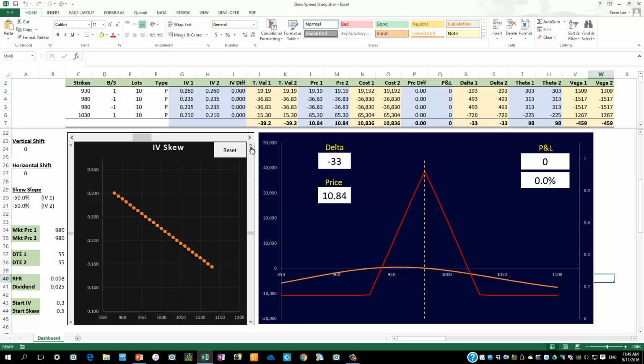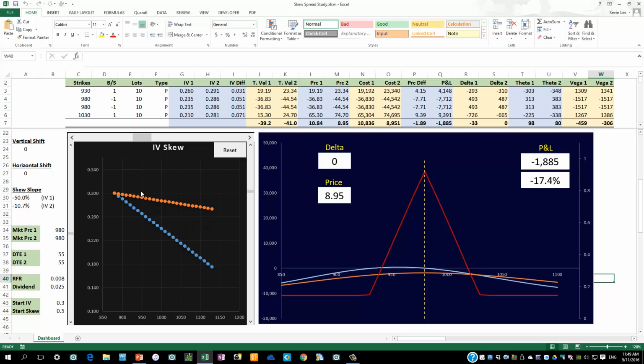If I were to flatten the skew, take a look at the delta and also the shape of the T+0 line. Delta becomes more and more positive, and the shape of the T+0 line becomes more and more symmetrical. If I flatten it enough, delta will eventually become zero.